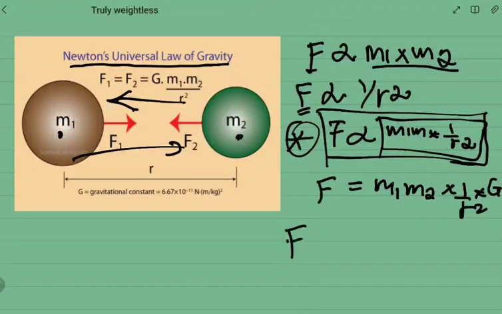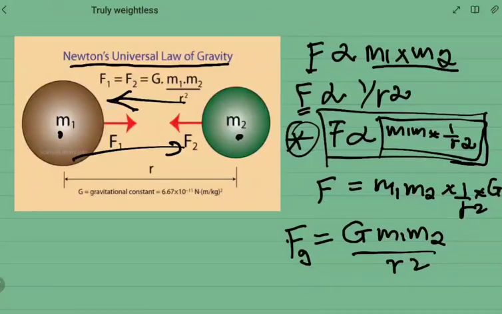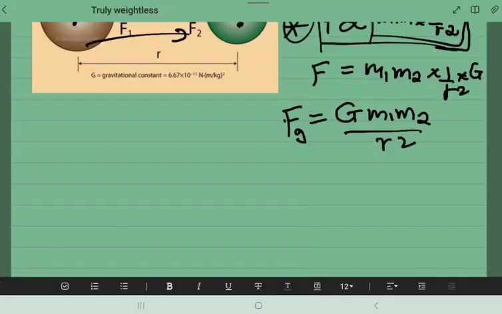So the force of attraction between two masses, Fg, is equal to G, the universal gravitational constant, times mass 1 times mass 2 over r squared. Okay, so the force is in Newton, the radius is in meter, and the masses are in kilogram. So what will be the unit for G?